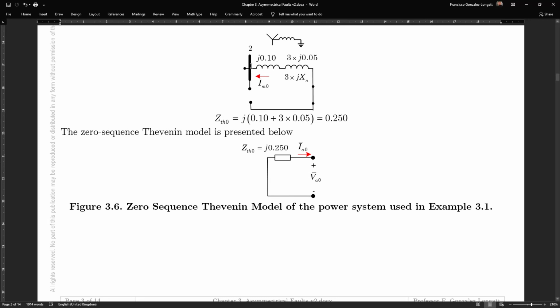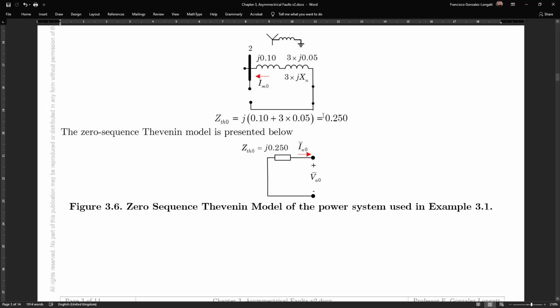And what I am interested here is to show you that at the end, for zero sequence, the only component interacting with the zero sequence network is the motor. Okay, the motor is the only device that is interacting with the zero sequence components, and you can see that it is the series between 0.10 and 3 times 0.05.